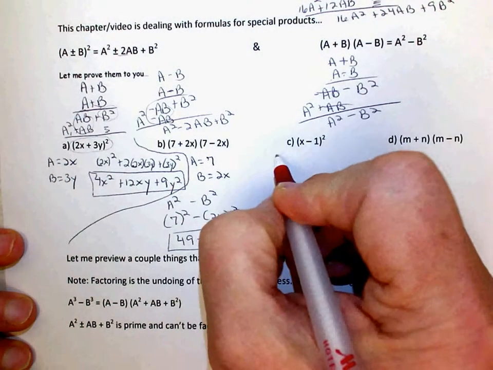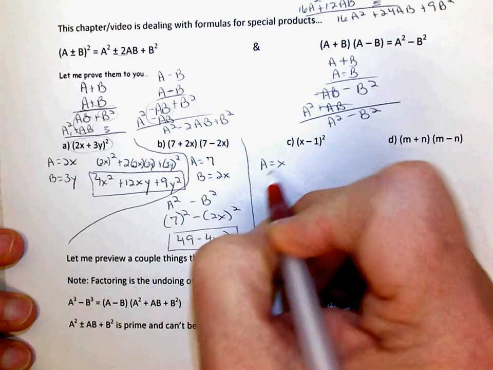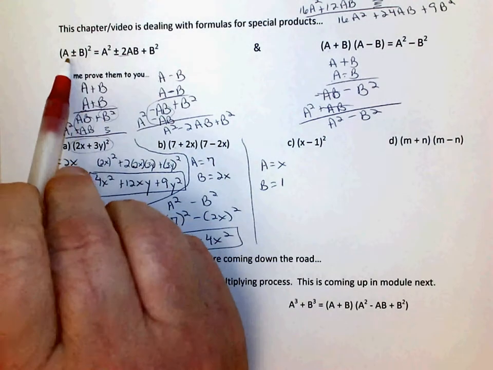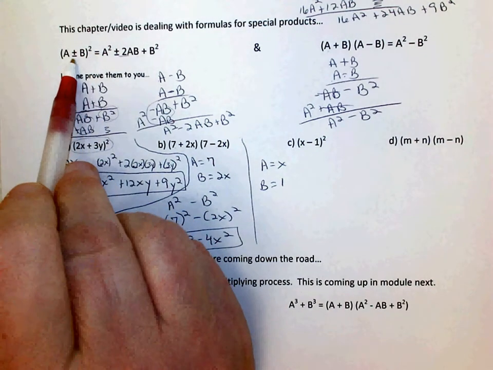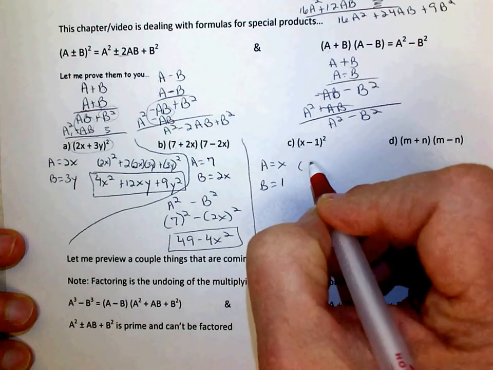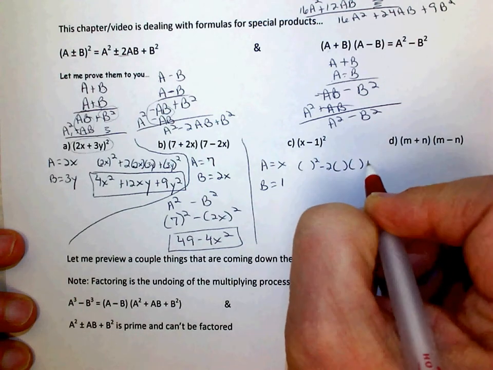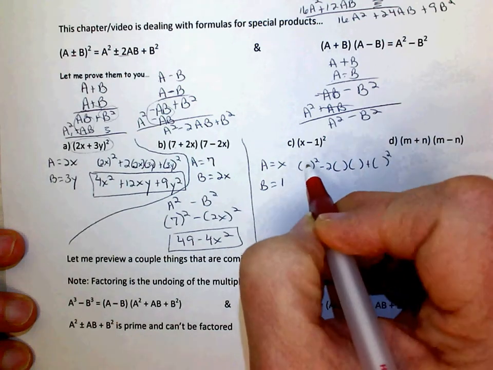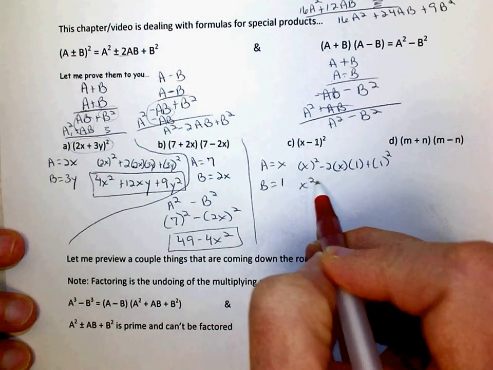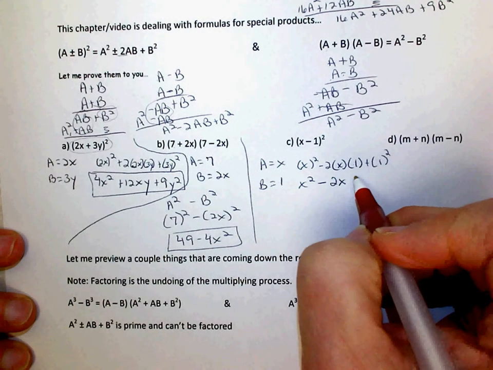Now, on number C, my A is x, my B is 1. And I've got one piece squared with a minus in the middle, so that second term has to be a minus. So A squared minus 2 times A times B plus B squared. So it's x and x, 1 and 1. x squared minus 2 times 1 is 2, carry the x with it, and 1 times 1 is 1.